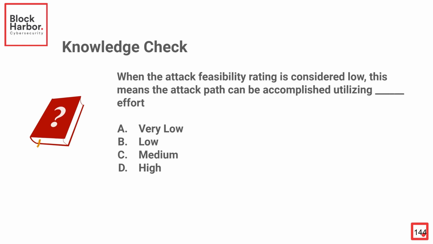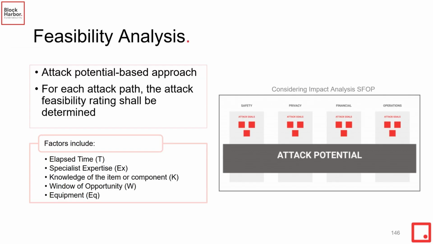And if you want, you can pause this video. But for now, let's continue to check the correct answer. And the correct answer is high. So once again, when the attack feasibility rating is considered low, this means the attack path can be accomplished utilizing high effort.